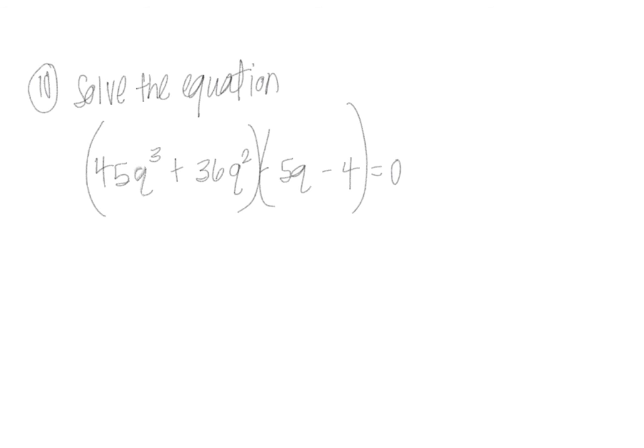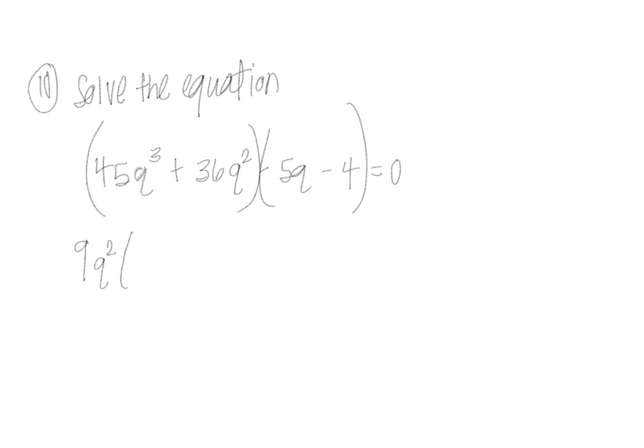And you heard me almost say 9 right there because I'm looking at 45 and 36, and a 9 can be pulled out from those two numbers. And then a q cubed and a q squared, you have a q in both. So take out the lowest power, and the lowest power we see is squared.